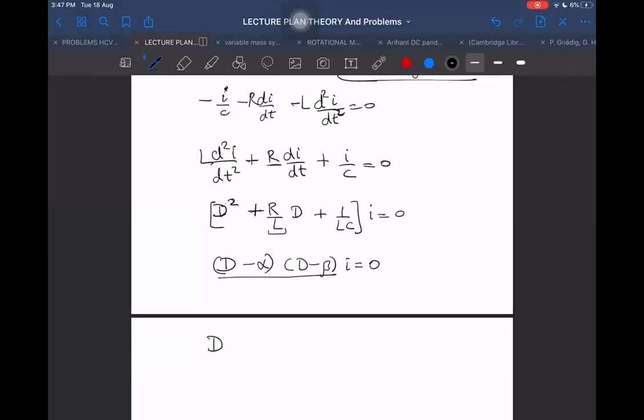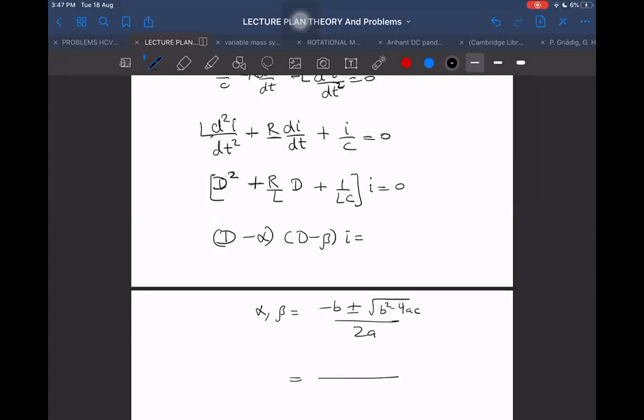You can do that yourself and get the result. The roots alpha and beta will be minus b plus or minus root of b square minus 4ac, divided by 2a. Now you see what b is and what a is: minus R by L plus or minus root of R square by L square minus 4 by LC.